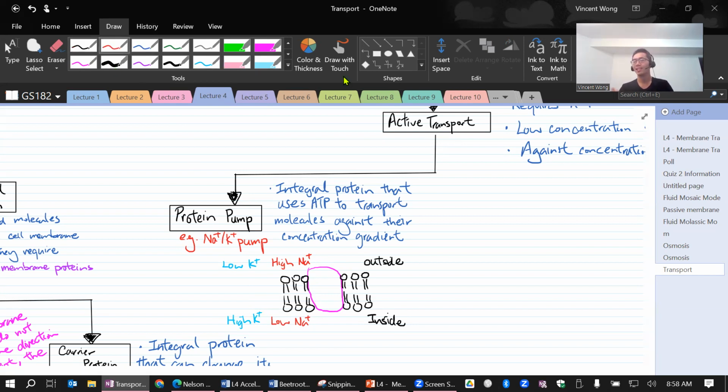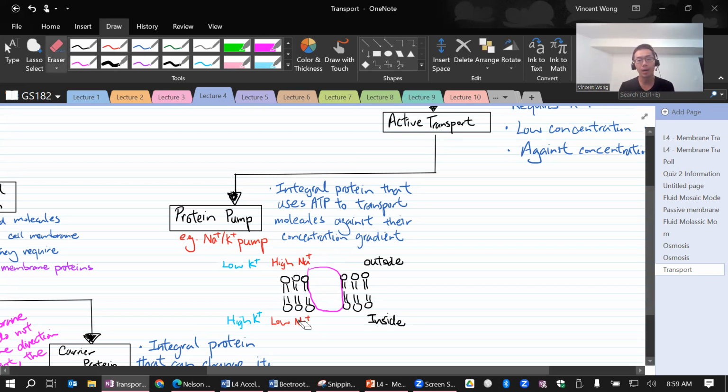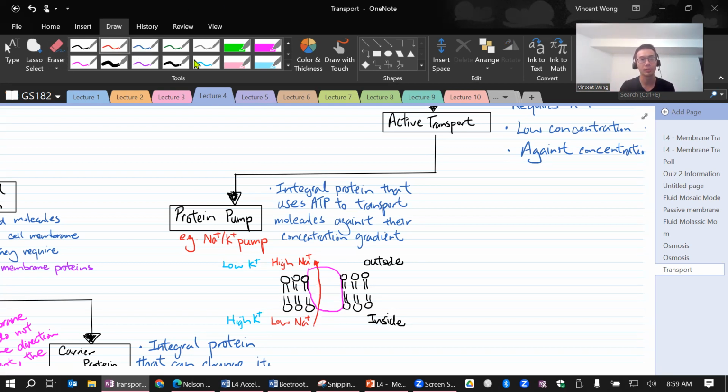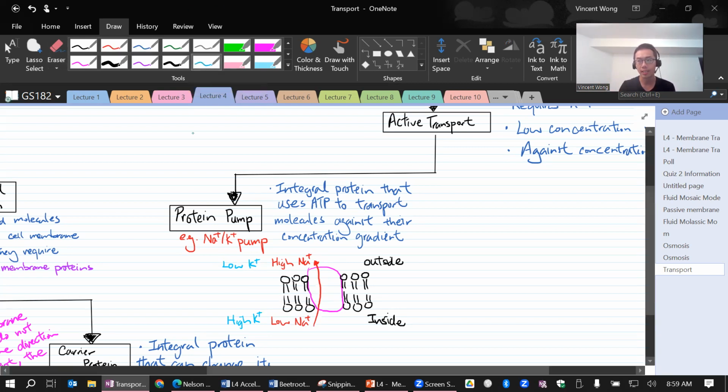So how does the cell maintain that condition? Well, I do not want sodium on the inside of the cell, so the sodium-potassium pump will have to pump the sodium out. And you can see it's going from low concentration to high concentration, against its concentration gradient, which is why you need to use ATP.